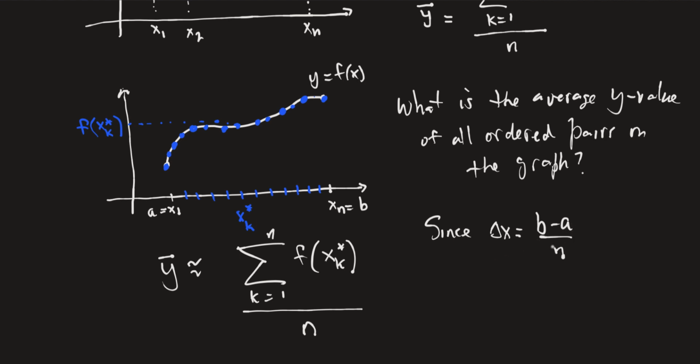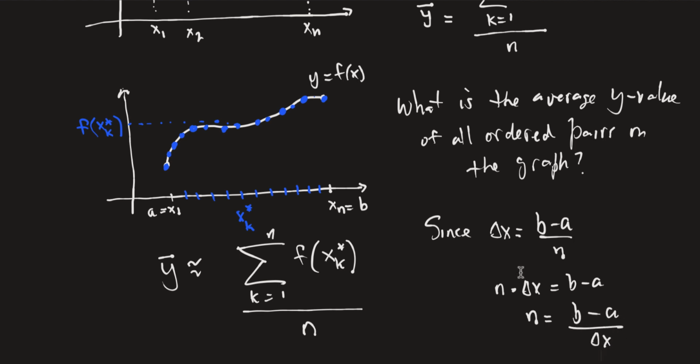let's solve this equation for n. So that means my n times delta x is b minus a. Right, so we have this, and that means n is equal to b minus a over delta x.